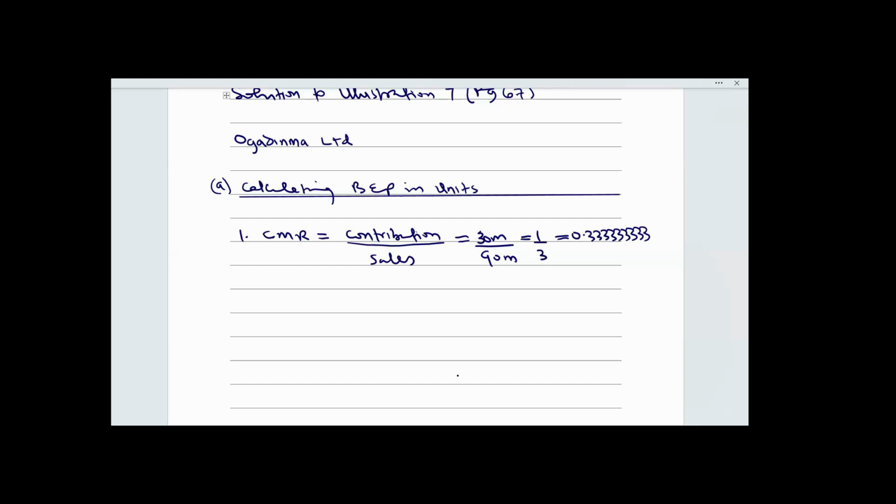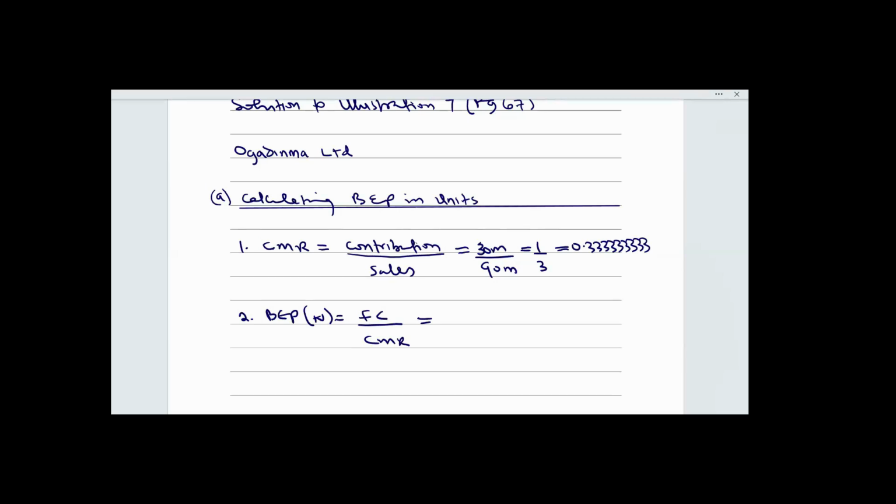Then step 2 says you should calculate the overall break-even point in naira. That is the break-even point for the company as a whole. Therefore, break-even point in naira will be equal to fixed cost divided by contribution margin ratio. The fixed cost for the company, according to the question, is 12 million naira.